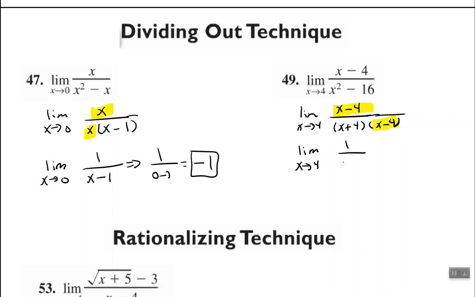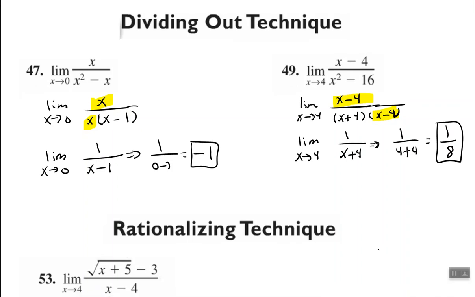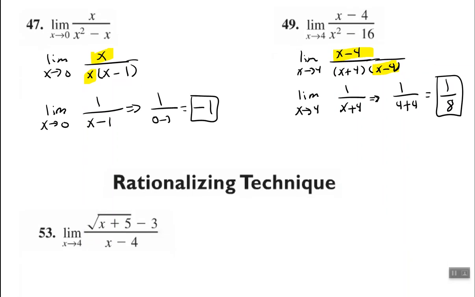It gives me 1 over x plus 4. And now I'm going to substitute the 4 that x is approaching in for the x in my function. So we get 1/8. Okay, so that's the dividing out technique.